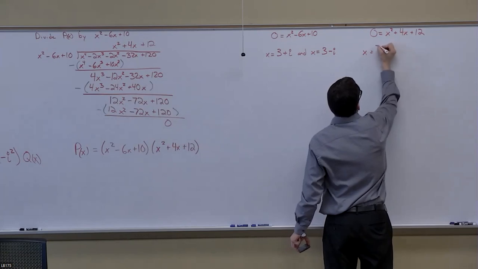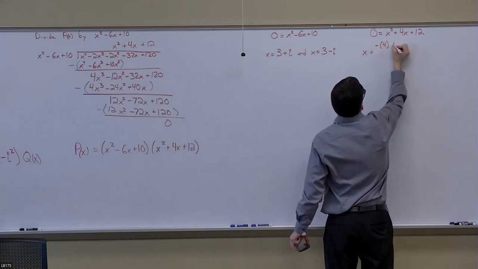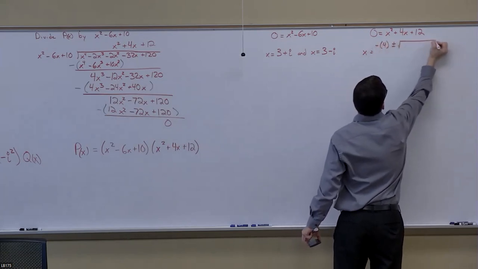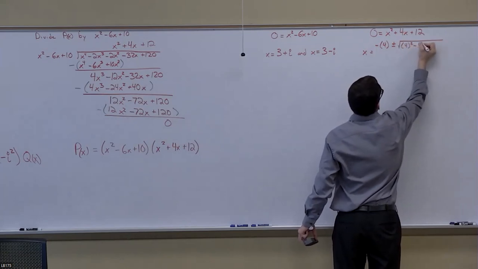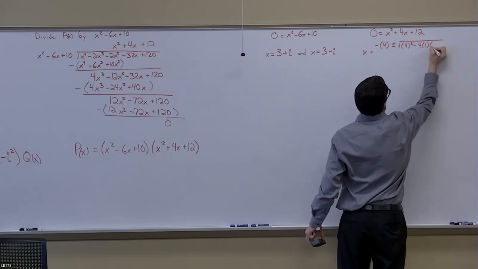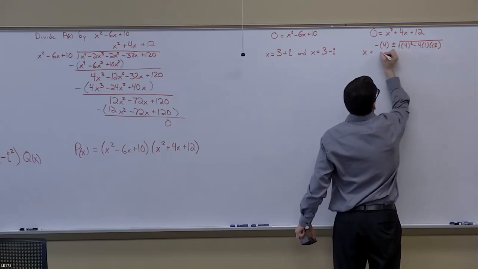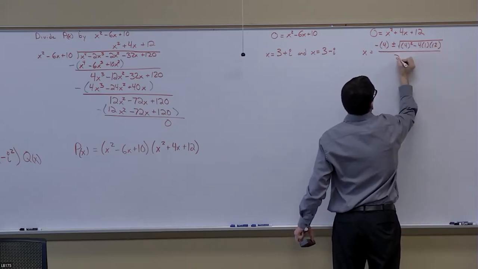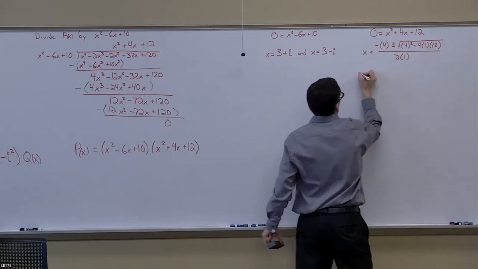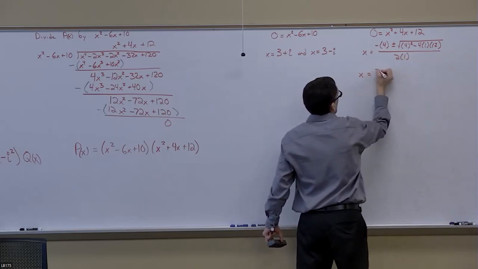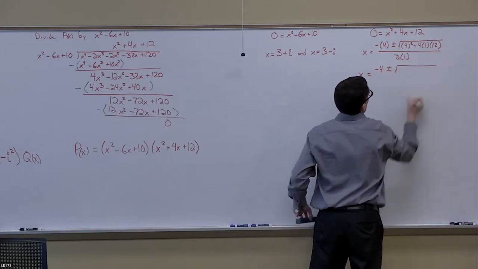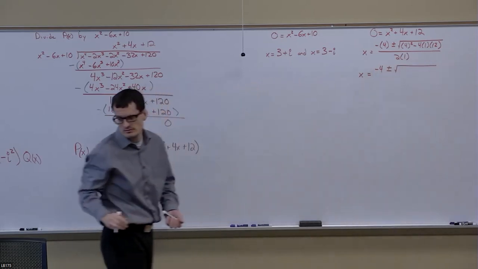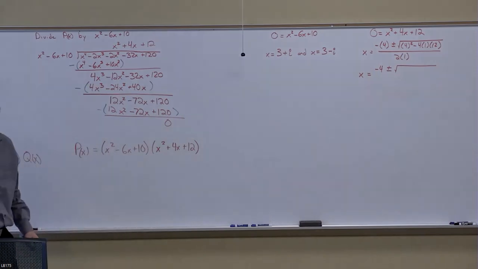And then we do our thing. Opposite of b, plus or minus the square root of b squared minus 4 times a times c, all divided by 2 times a. So that gives me negative 4 plus or minus square root. I don't know what that is, but I know it's going to be complex.